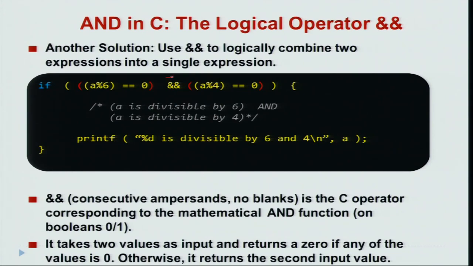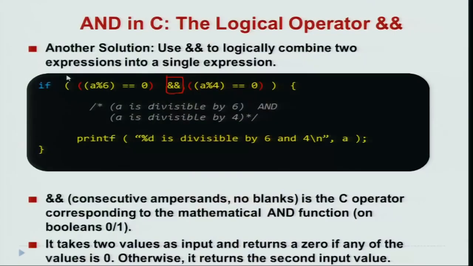So the Boolean AND operation in C is given by two ANDs. Okay. So by now you should be familiar with the fact that certain operations in C have repeated characters. For example, we already have seen the equality operation, which was equal equal.